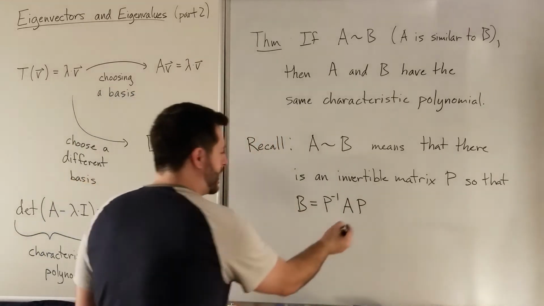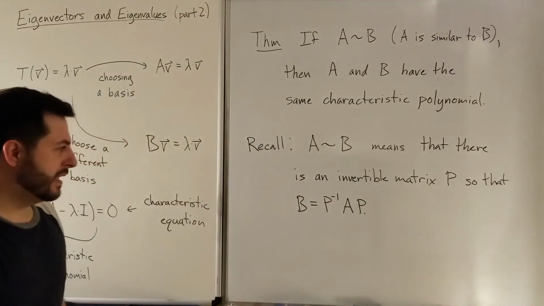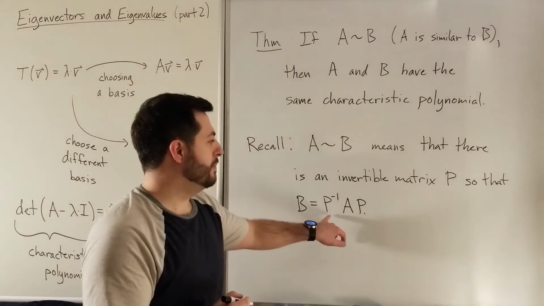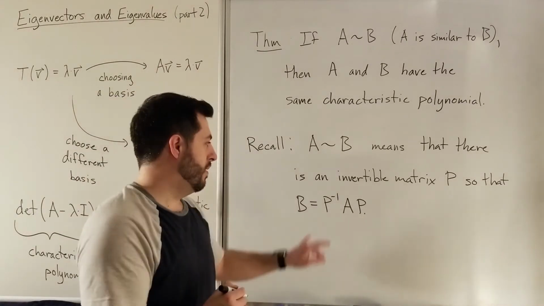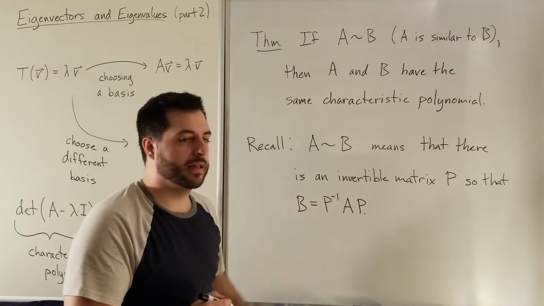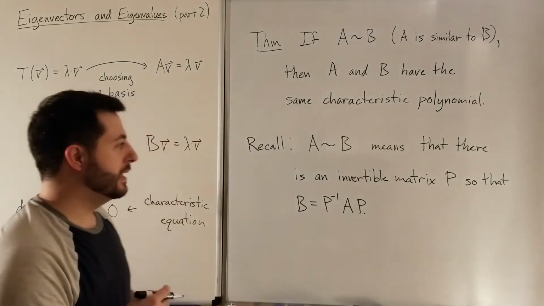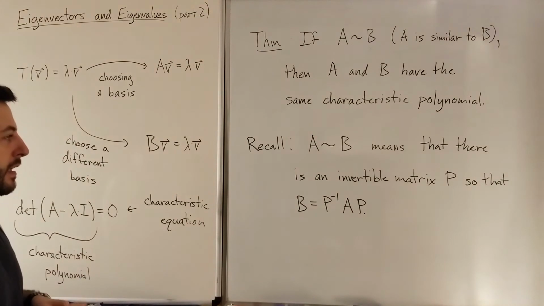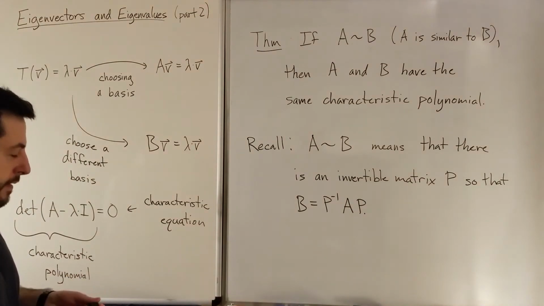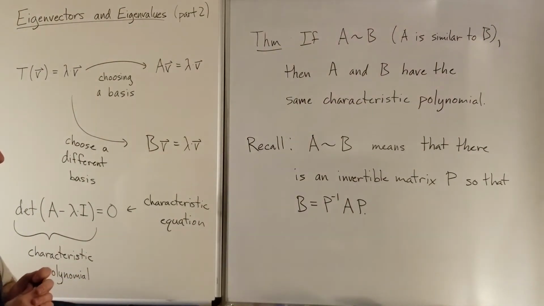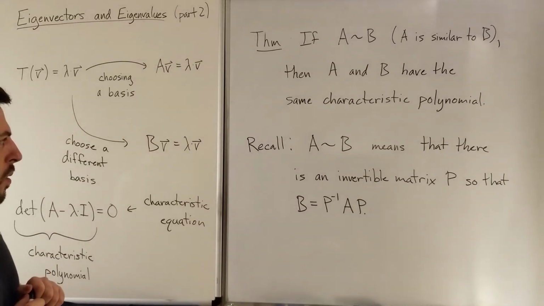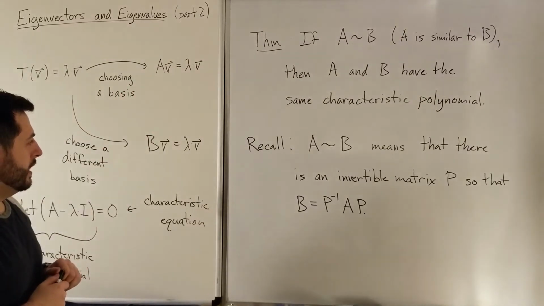And there's multiple ways to write this. You could write it like this, or you could say A is equal to P inverse times B times P, or you could switch the inverse to the right side instead of the left. All of those things are equivalent, maybe for different P's, but the existence would still be equivalent. The existence of an invertible matrix P. So why is that relevant to what I just did up here?